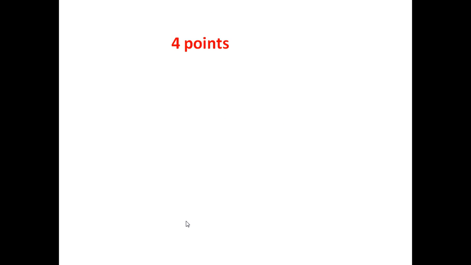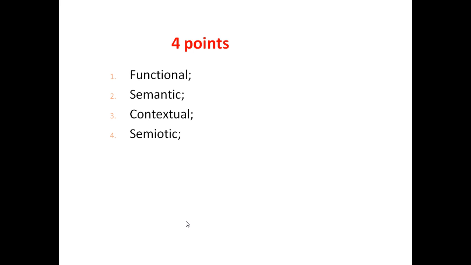Okay, now in the next step of this lecture, we shall see four points that we need to focus on in order to understand language as a social semiotic: the notion of grammar as being functional, the notion of semantics, that is the importance of meaning in this approach, the notion of context, and of course the meaning of semiotic itself.